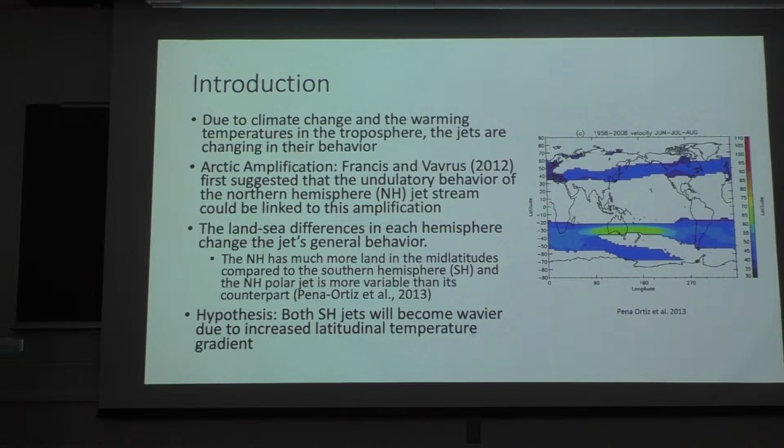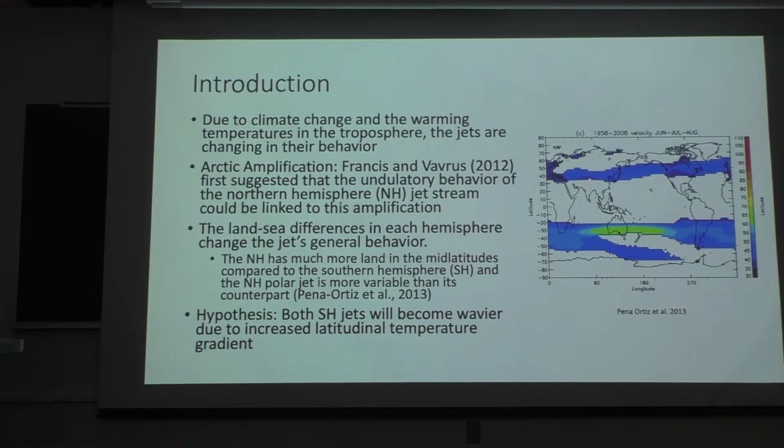Due to climate change and the warming temperatures in the troposphere, the jets are changing their behavior. Arctic amplification is a term coined by Francis and Vavrus in 2012, and they suggested that the undulatory behavior of the Northern Hemisphere jet stream could be linked to this amplification of the warming temperatures and the changing behavior of the jets.